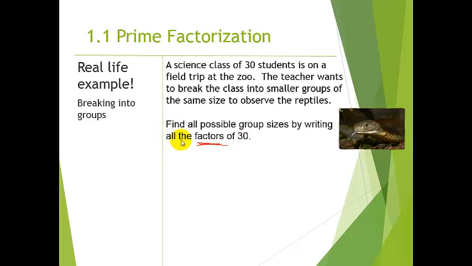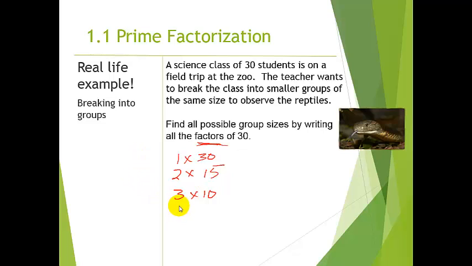Well, the one we know right off the bat, our freebie, 1 times 30. So I like that one. The next one, I can do 2 times 15. I'm going to go 3 times 10. And I'm looking to see, because I can't split a person in half, which size groups I can make them into evenly.